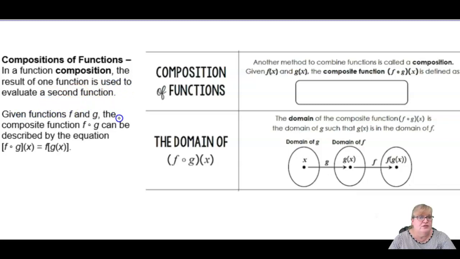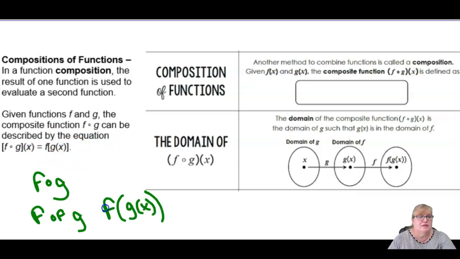Given functions f and g, the composite f of g, and this little symbol is read f of g, can be described by the equation, and it means you put the g into the f, okay? You work inside out or backwards if you're reading this.